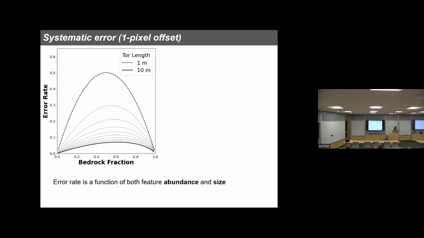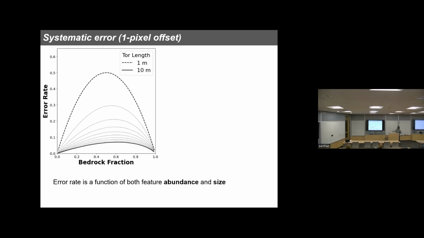So in this case now, the error rate, and by error rate here, I mean the total error rate, so that's including anytime you get the answer wrong, okay? It is low at the boundaries because there's not very much of the feature.